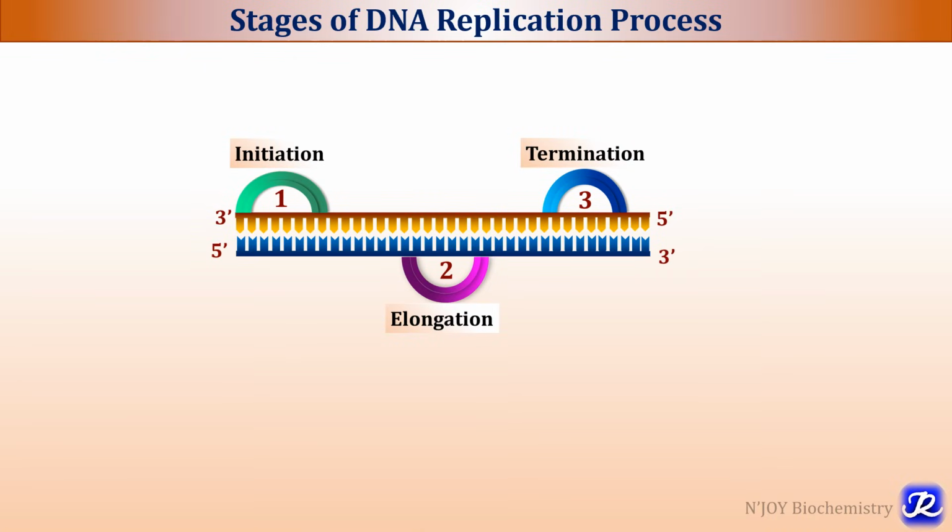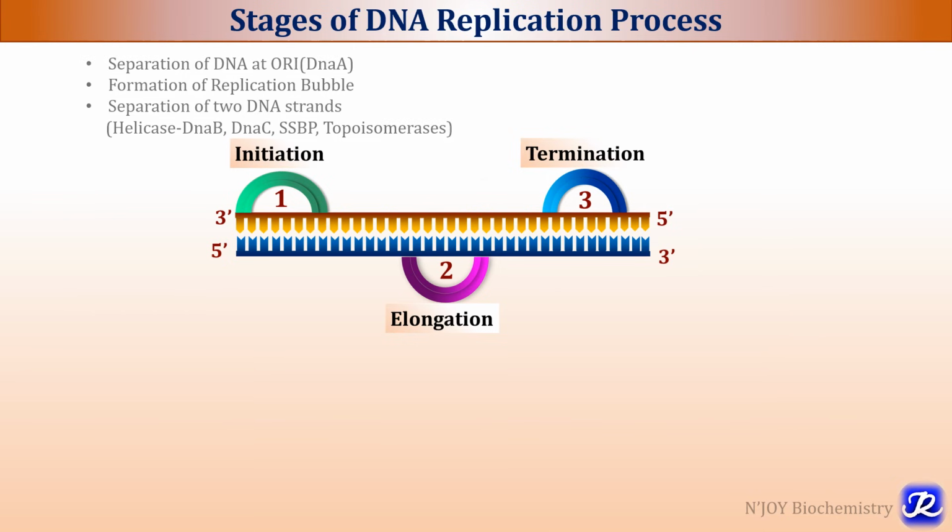The stages of the DNA replication process include initiation, elongation and termination, and this initiation process includes separation of DNA strands at oriC, and DnaA is the initiator protein which binds to this oriC region, and there is formation of replication bubble, and various proteins and enzymes play an important role in formation of this replication bubble.